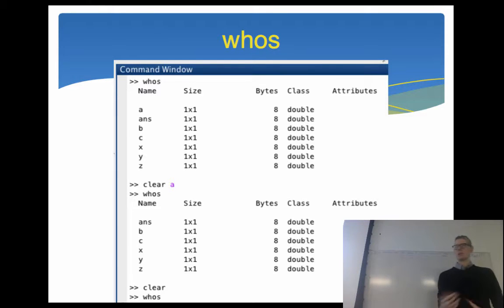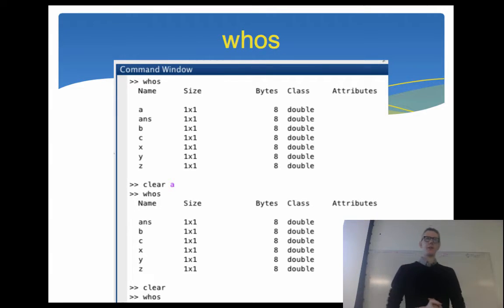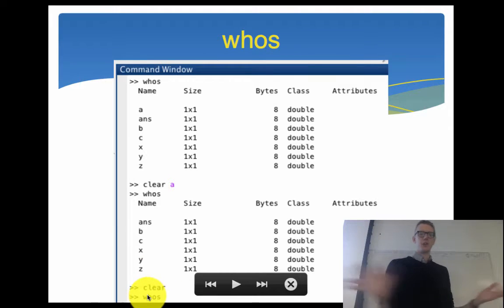Alternatively, you can type clear all, which will also clear all of the variables out of your workspace. So if you want to make sure when you run a script that nothing that was defined previously is carrying over and perhaps messing with your code, you can clear at the start. Then type whos again, and you should see there's nothing there.